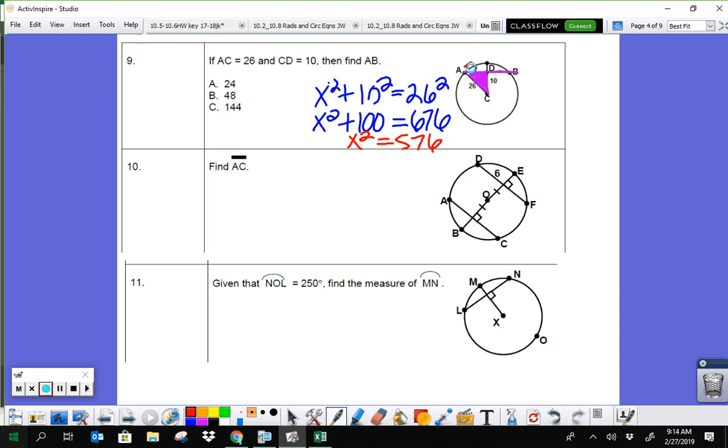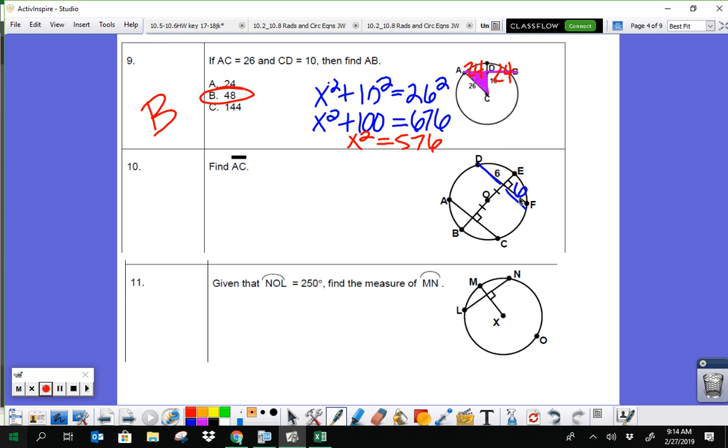So this little piece here is 24, and it wants me to find AB. So DB is also 24. So if I add those together, I get 48. Okay, number 10, find AC. Okay, so if this little piece here is 6, I also know this other piece is 6.